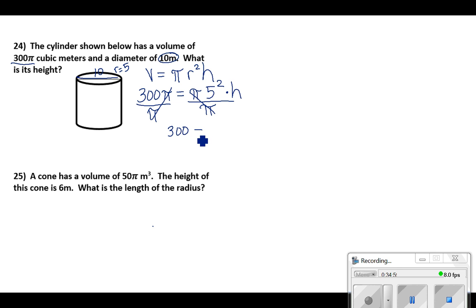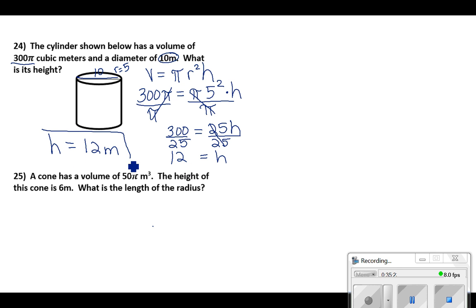So 300 equals, and I'm going to multiply the 5 squared, 25h. Now I have a one-step equation. Divide both sides by 25. 300 divided by 25 is 12. So I know the height of this cylinder is 12 meters.